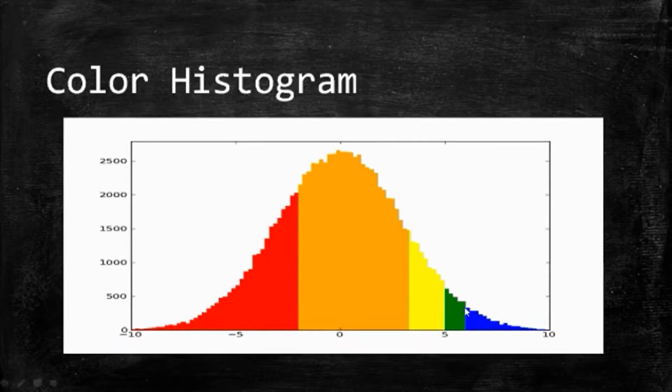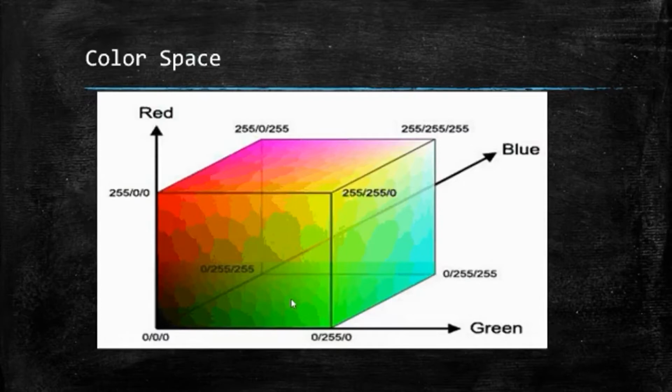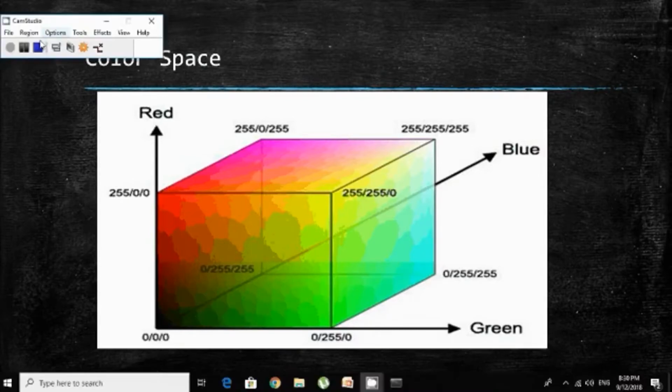Okay, here is another example. Color space. Here we will talk about color space. Any colored image consists of different types of layers. For example, an RGB image consists of a red layer, green layer, and blue layer.